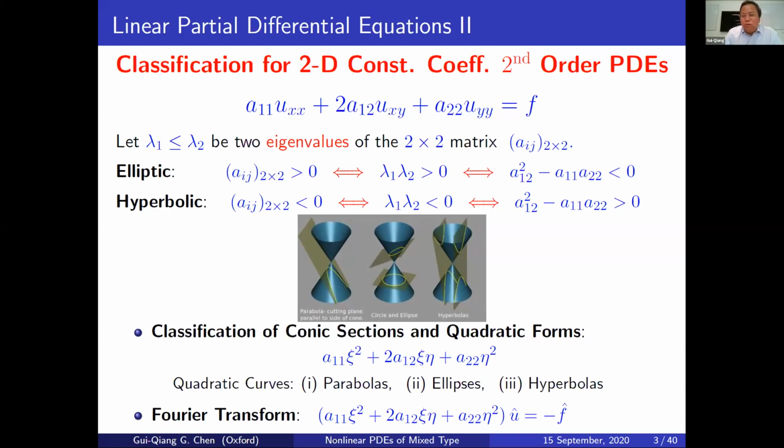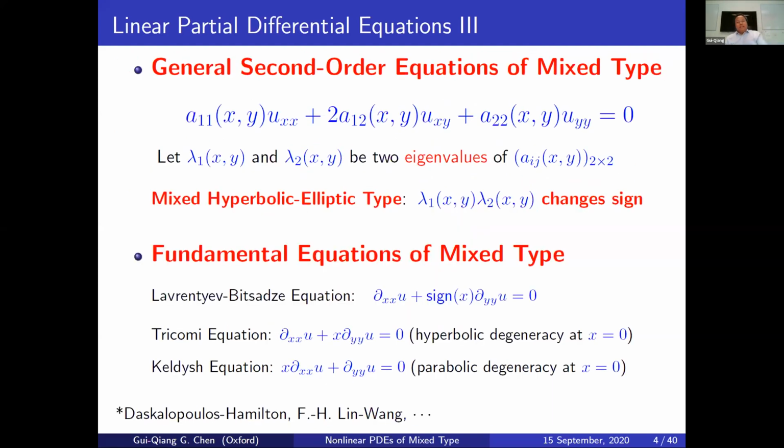Now for variable coefficients, the problems are more delicate, since in this case the coefficients depend on the location x, y. We again have 2x2 matrices with two real eigenvalues, but very often the two eigenvalues change sign in different regions.